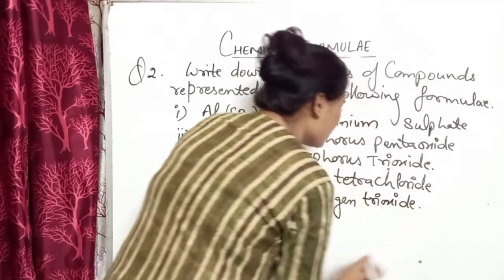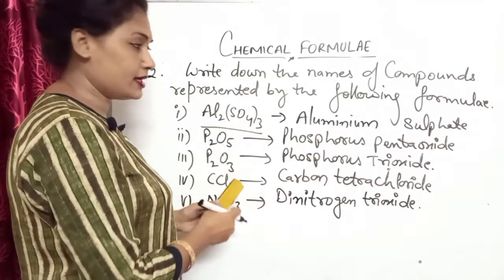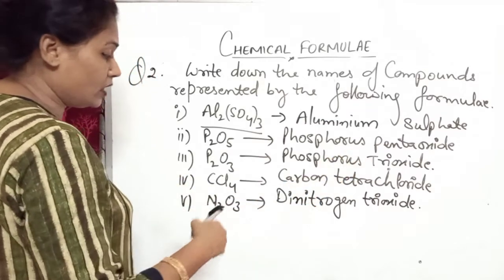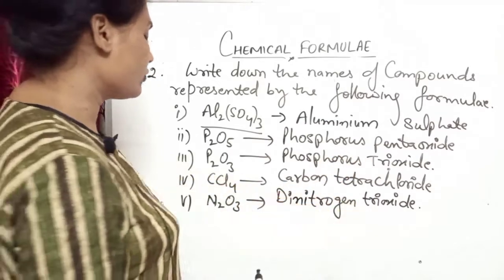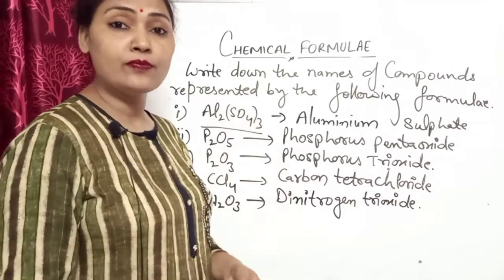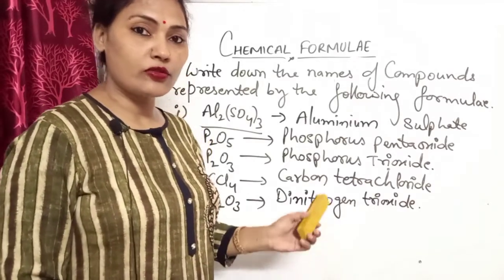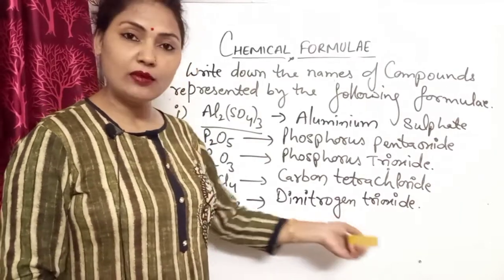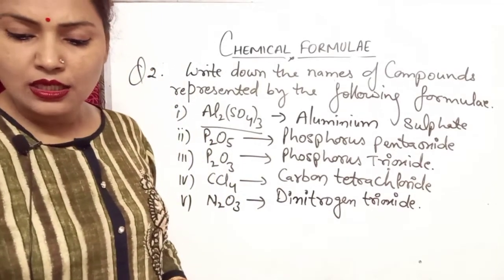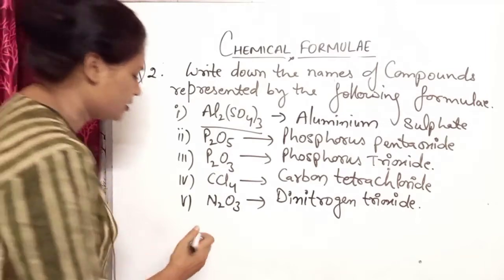So these are the different formulas, and according to that we can write the names of these compounds. If O is there, then we write oxide. If Cl is there, chloride. If Br is there, then bromide. If H is there, hydride. So like that you should write the name of the compound also. If we have another formula, KMnO4, then it is potassium permanganate.